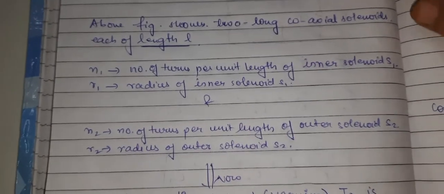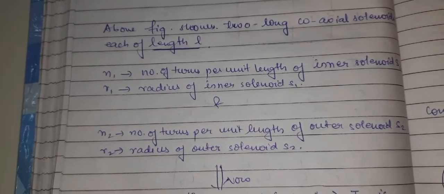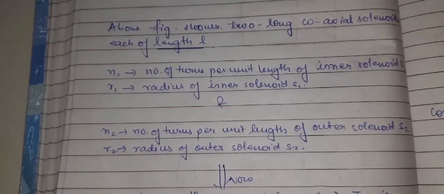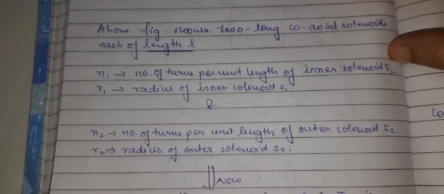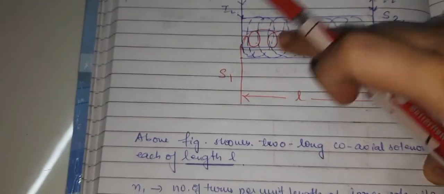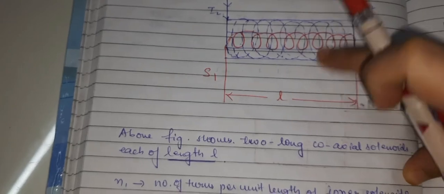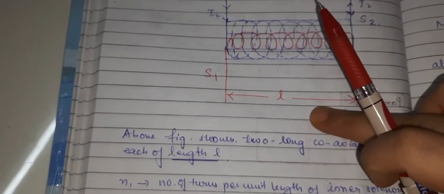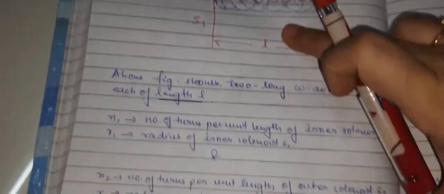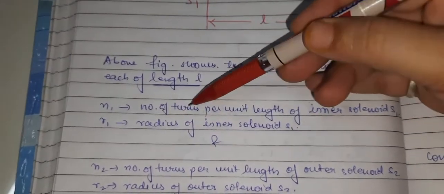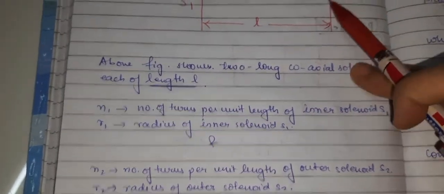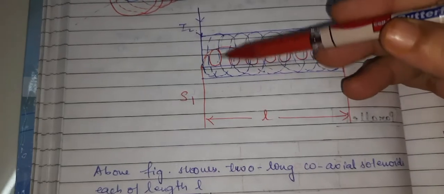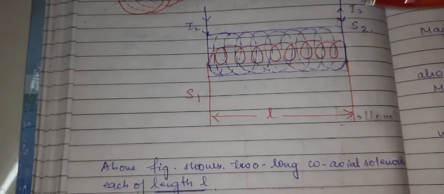First, N1 is the number of turns of the inner solenoid S1. R1 is the radius of the inner solenoid S1. As you can see, the radius of the inner solenoid is small, and we are taking it as R1.